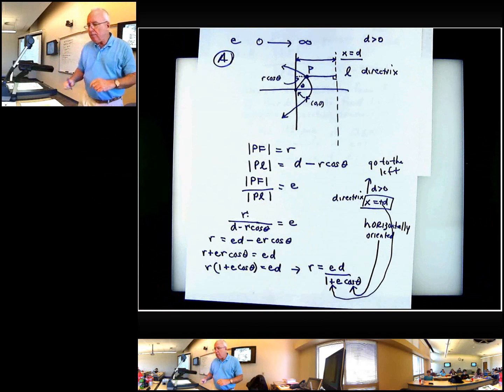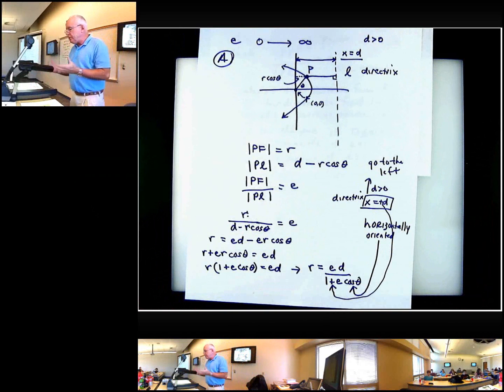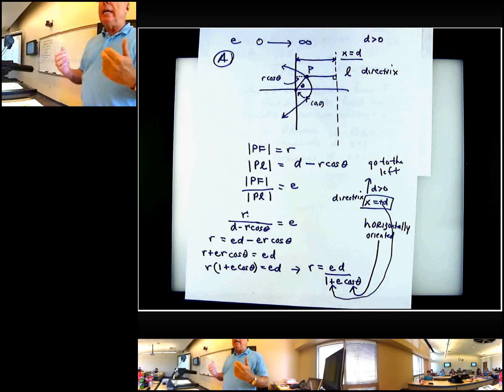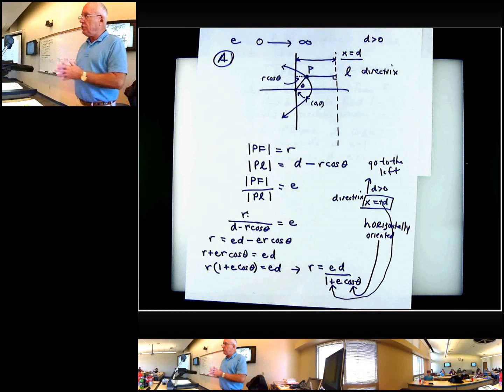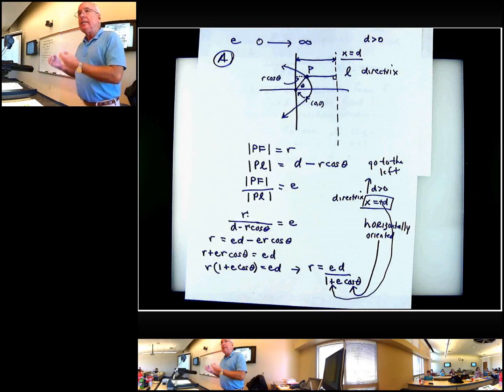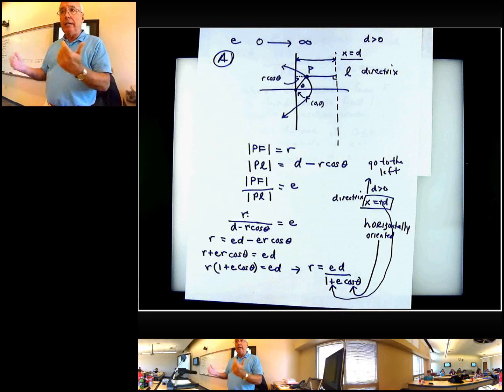Now, as an FYI, in the text, they take this formula and convert it back into the x and y coordinates, Cartesian coordinates, and they prove that this indeed is equivalent to the conic equations that we had in x and y.